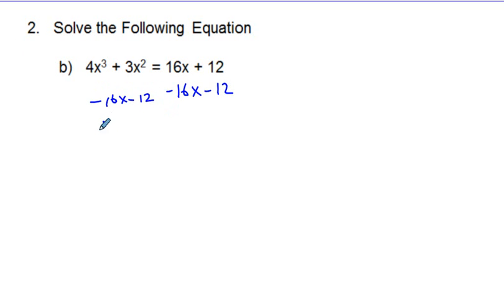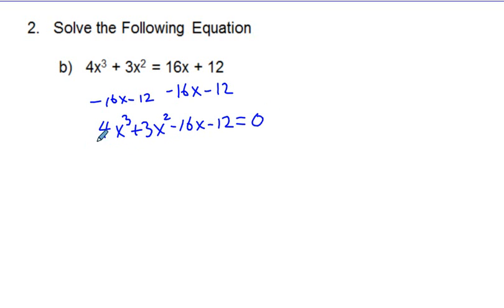And so we're left with 4x cubed plus 3x squared minus 16x minus 12 is equal to 0.